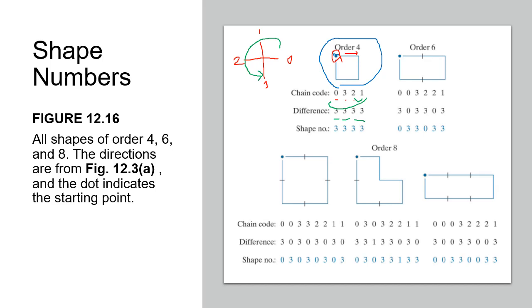So we treat the difference as a sequence of numbers, which is 4-digit numbers in this example. And then we choose the starting point such that the new number formed will be minimum. Well, in this case, because the difference is 3, 3, 3, and 3, the shape number is also 3, 3, 3, and 3.